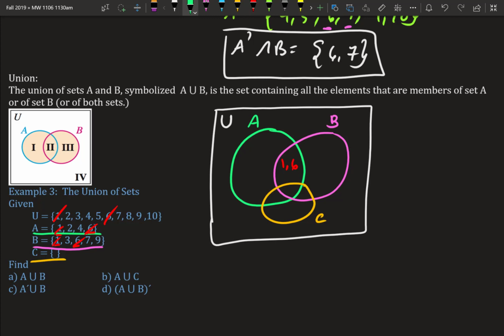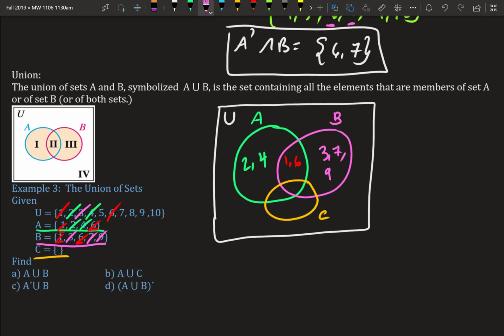So in A, we have 2 and 4. And don't forget, cancel 2 and 4 out of the universal set. And in B, we have 3, 7, 9. And don't forget to take those out of the universal set. And everything else gets put in the U, the box, which is 5, 8, and 10. And I got those here, here, and here.